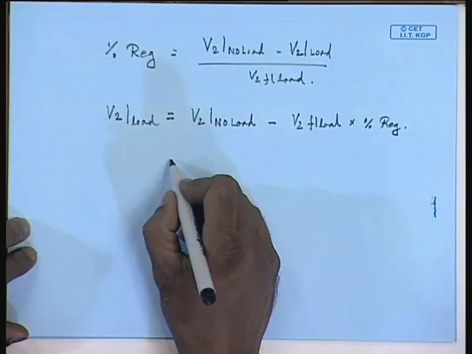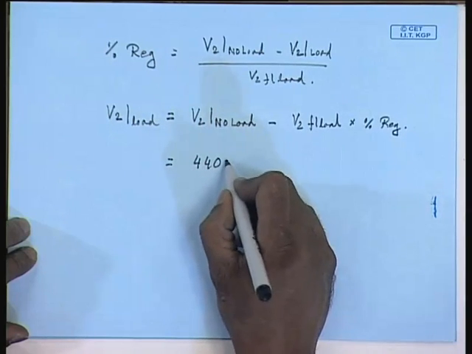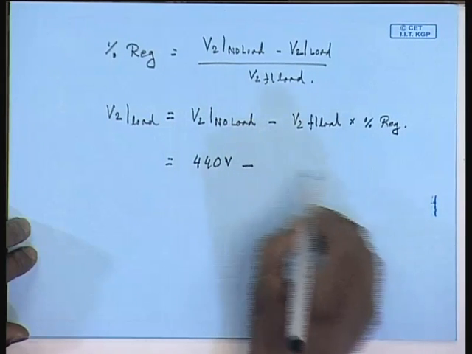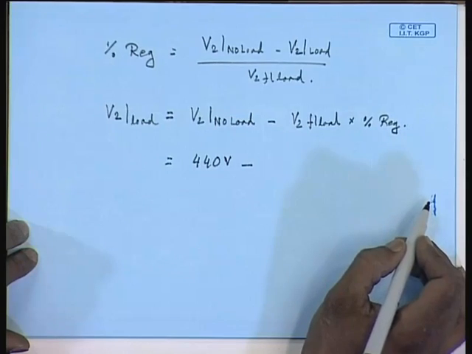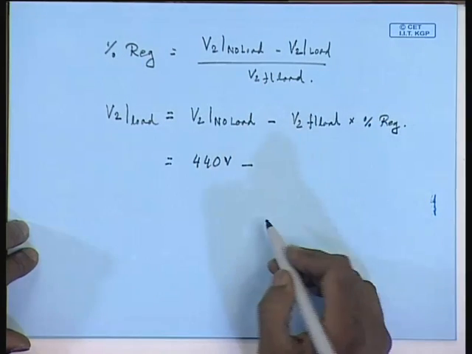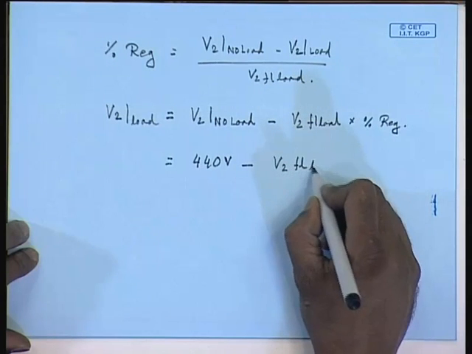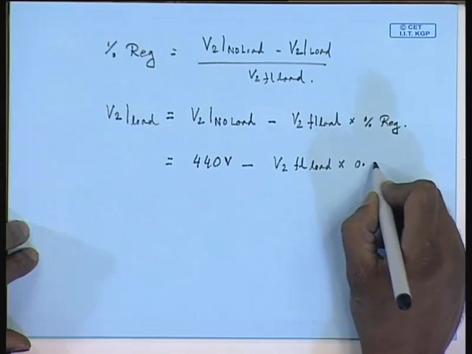Now, V2 at no load is given as 440 volts. V2 at full load at the same power factor can be obtained from the same formula, into 0.01404.